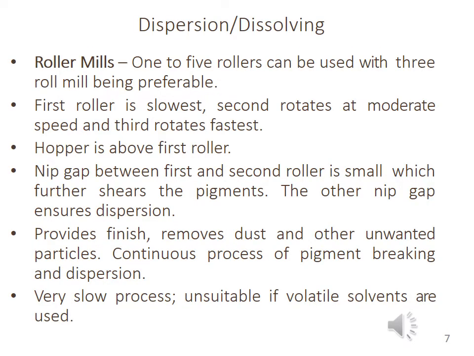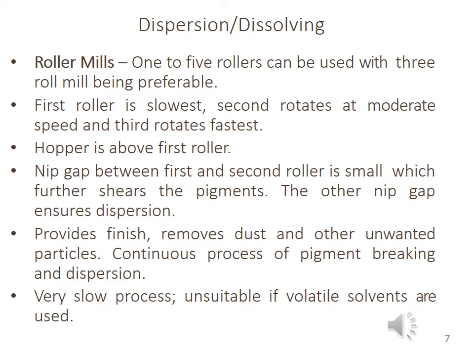Dispersion and dissolving. So how do roller mills work, how does dispersion take place using the roller mills, and how can we dissolve certain ingredients using the roller mills? One to five rollers can be used, with 3 roll mills being preferable.